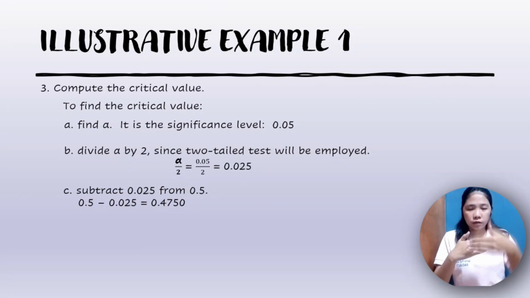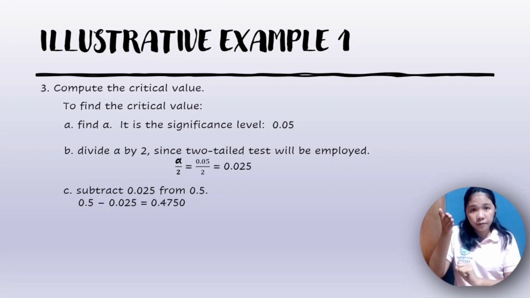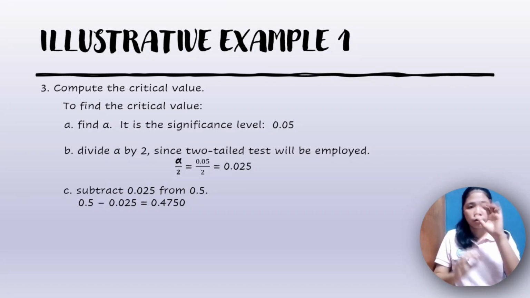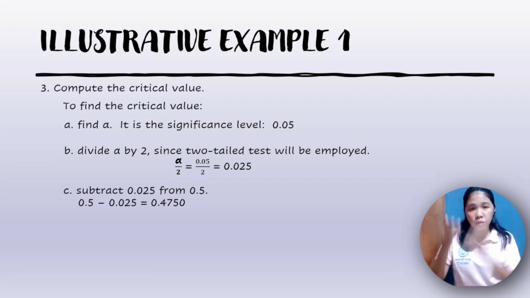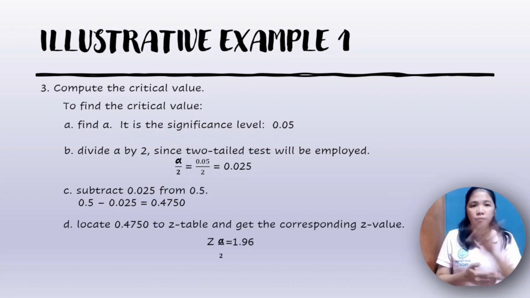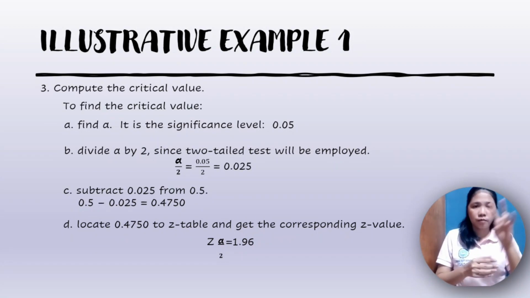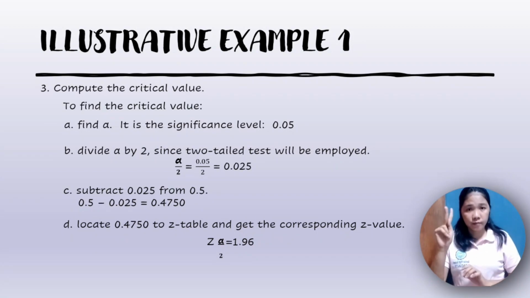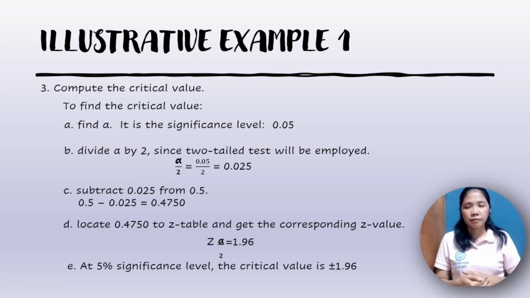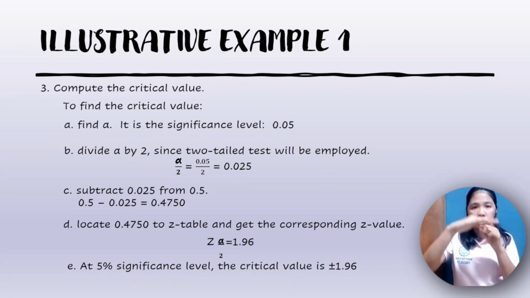Next is to subtract 0.025 from 0.5. Then we come up with 0.4750. Locate 0.4750 in the Z table and get the corresponding value of Z. So Z sub alpha over 2 is equal to 1.96.